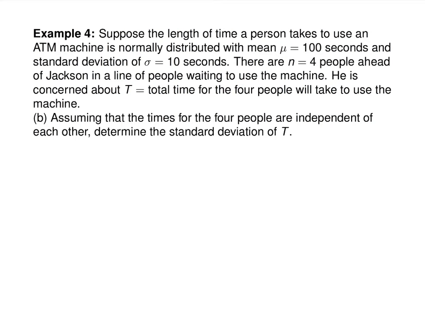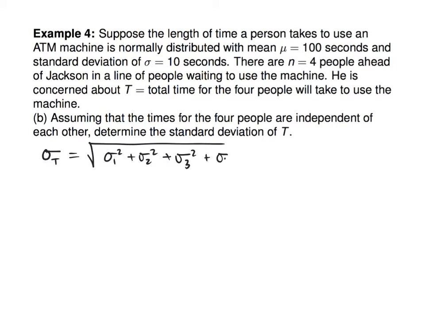Okay, assuming that the times for the 4 people are independent of each other, find the standard deviation of t. So we were told that the standard deviation of t, let's call it s sub t. No, sorry, not s, we'll call it sigma sub t because we're talking about the true value. So sigma sub t is going to equal the square root of the first standard deviation squared plus second standard deviation squared plus third one squared plus fourth one squared.